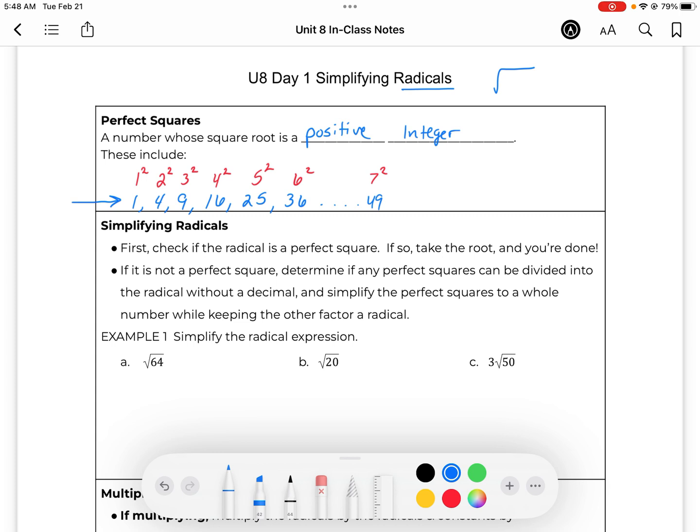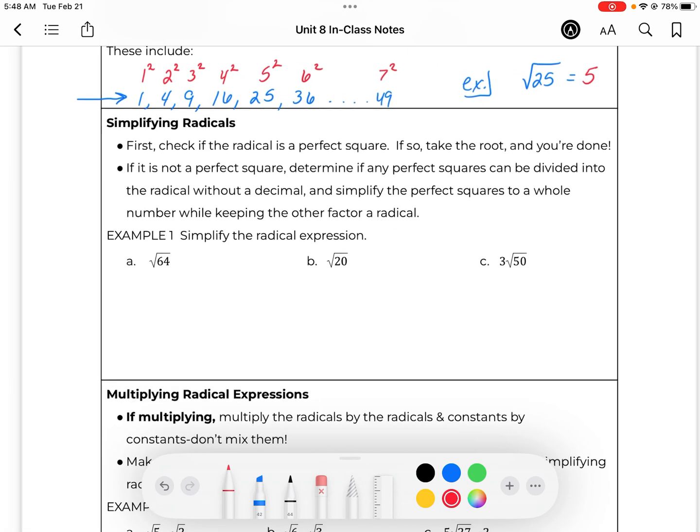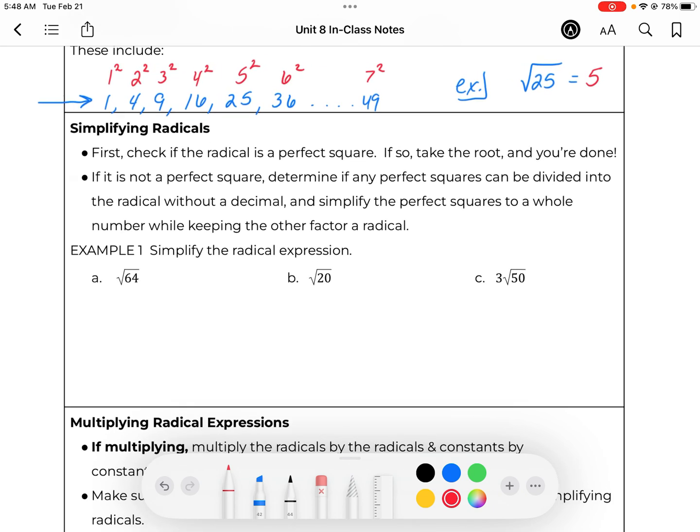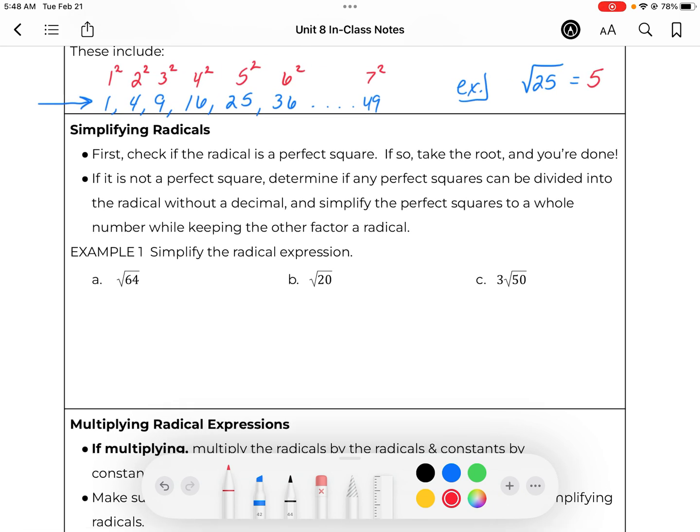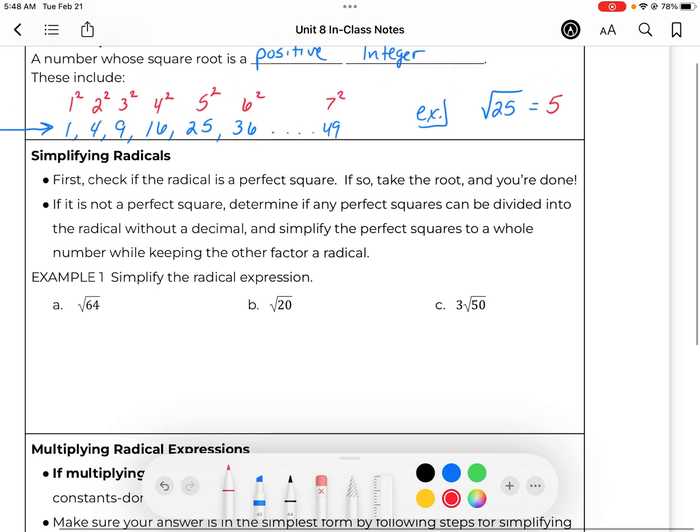For example, the square root of 25 equals the integer 5. And so when we simplify radicals, the very first thing you always check for is the number on this list of perfect squares.